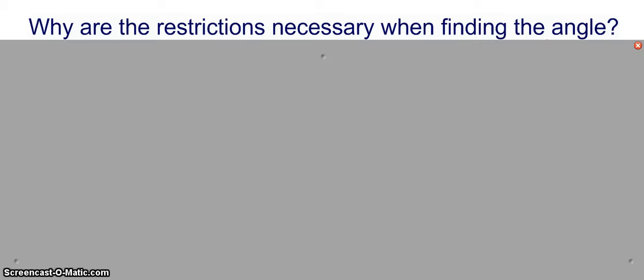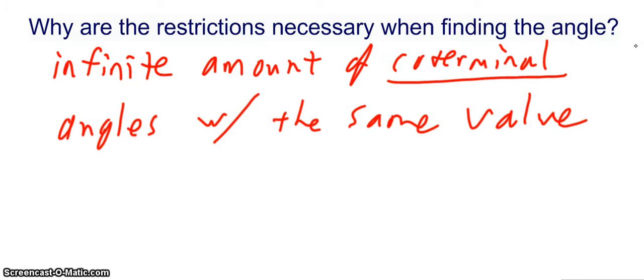Alright, so what did you guys say? Anyone? No? Come on. Alright, well, one thing based on what we should hopefully understand at this point is we know there's an infinite amount of coterminal angles, and every coterminal angle is going to have the same trig value.